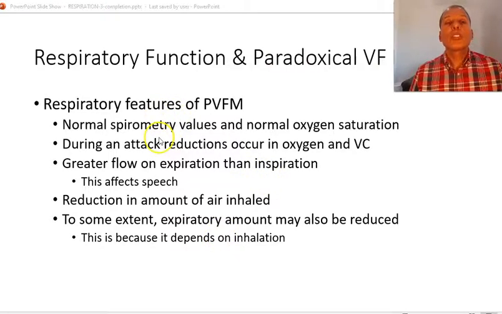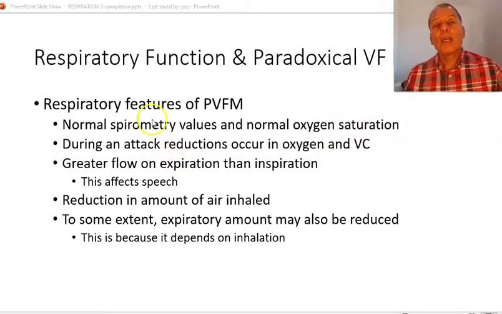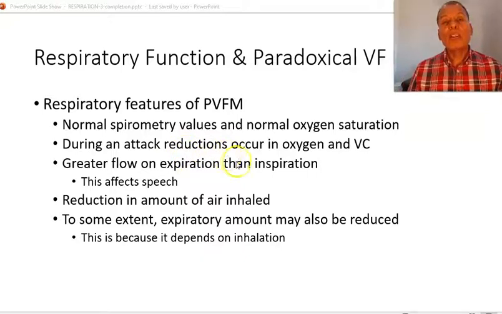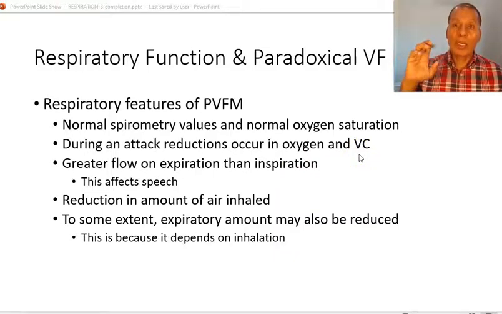Respiratory features include normal spirometry values, like volumes are okay, capacities are okay, normal oxygen saturation. But when there's an attack, that reduces oxygen, and it reduces vital capacity because it reduces the amount of air that a person can take in.